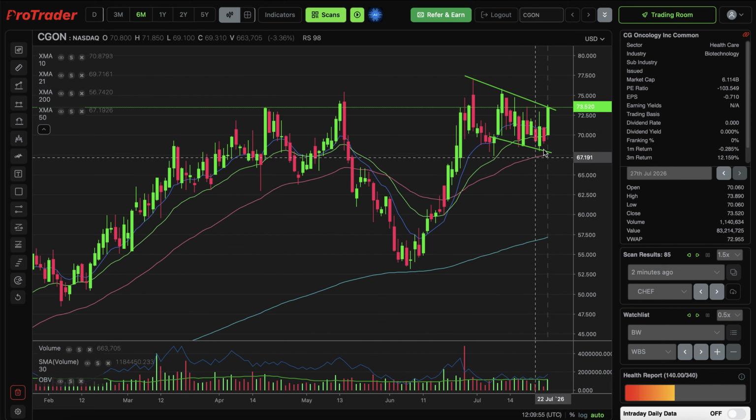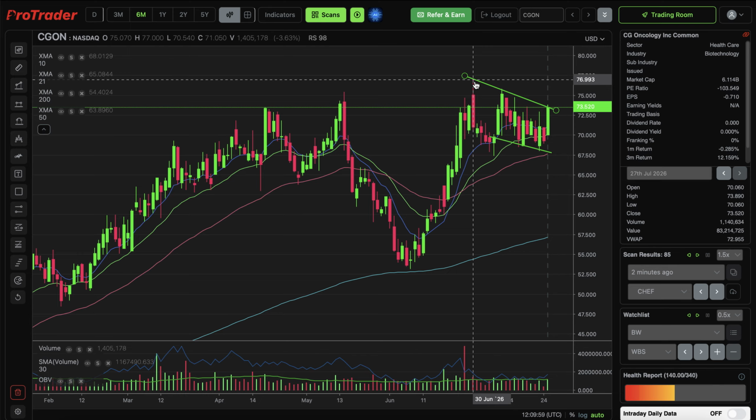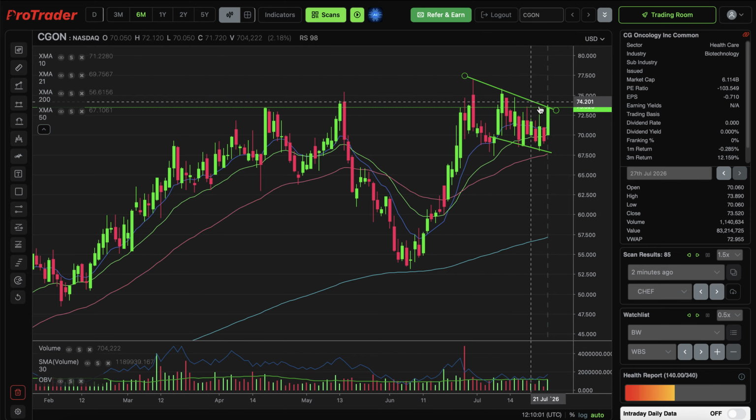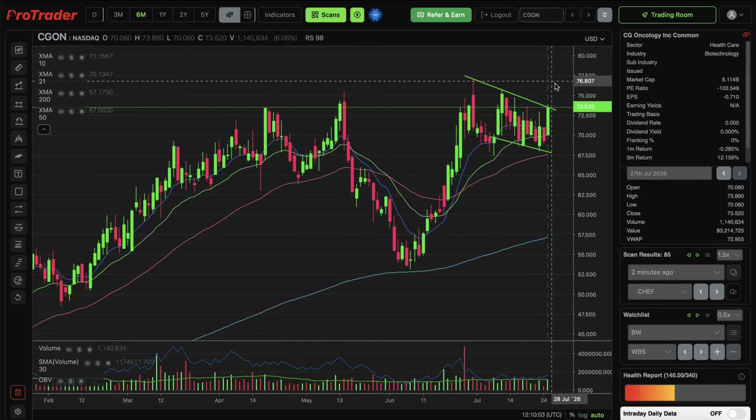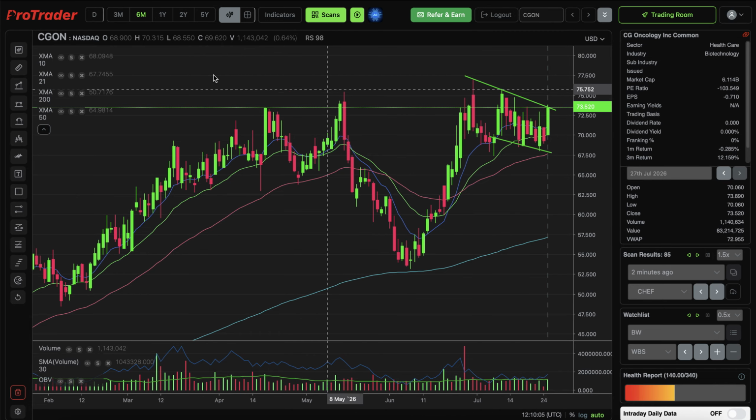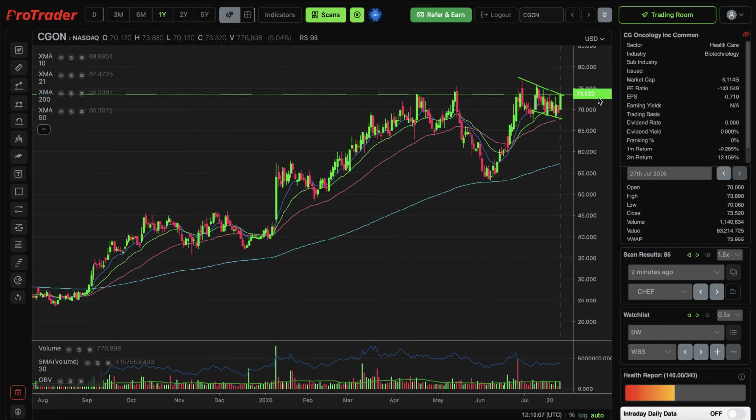If you take the cheat early entry, it's still got this little bit of overhead supply to contend with. It might come up here, it might not break out, and it might fail. But if you get in earlier and then it does break out, your risk reward's a lot better. You have a tighter stop, you can have a bigger position, all that sort of stuff. So these are all decisions traders need to make.